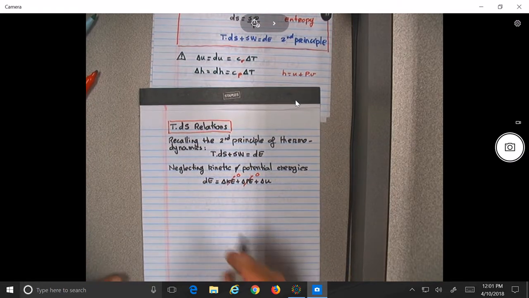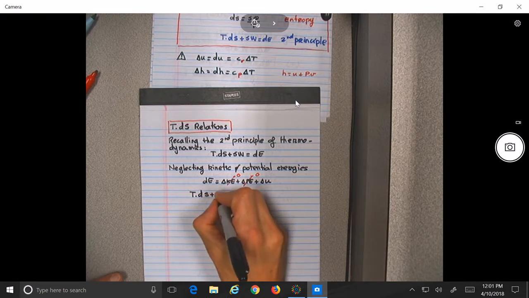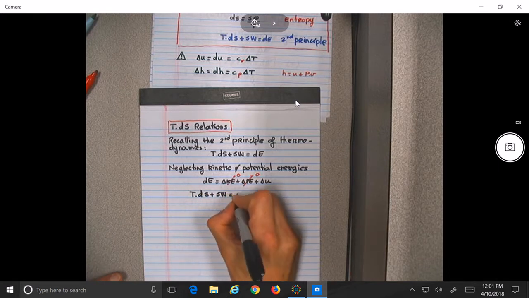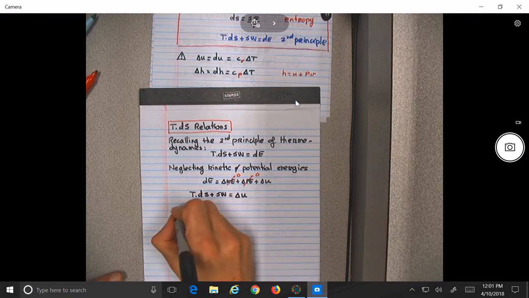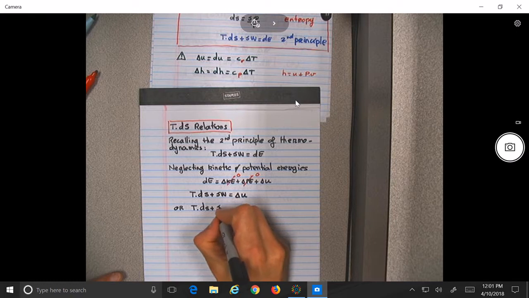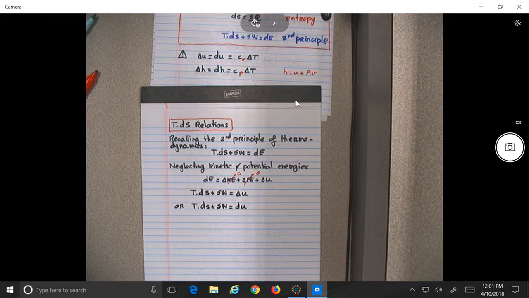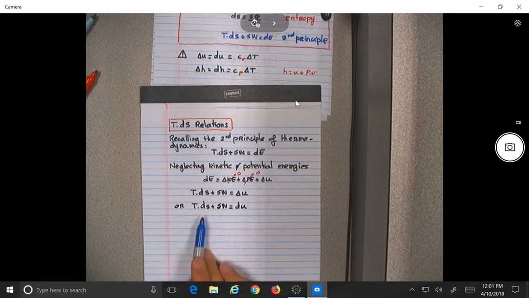So this will give us what? TdS plus delta work equal to delta U, or I don't like the delta for this, the TdS relation, TdS plus partial of work equal to dU. So far, except for the TdS, nothing new, no? Okay?